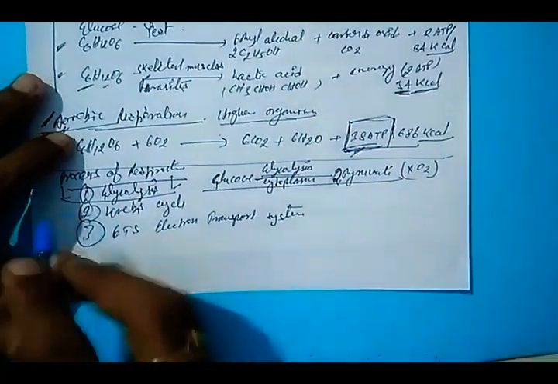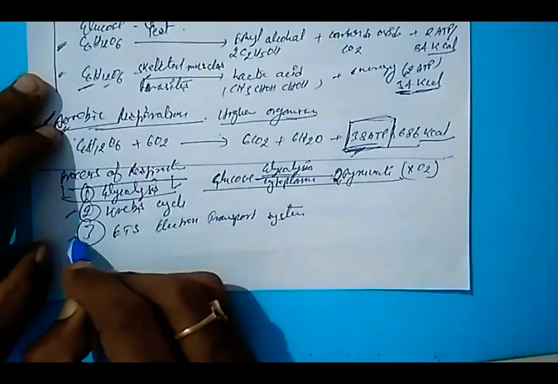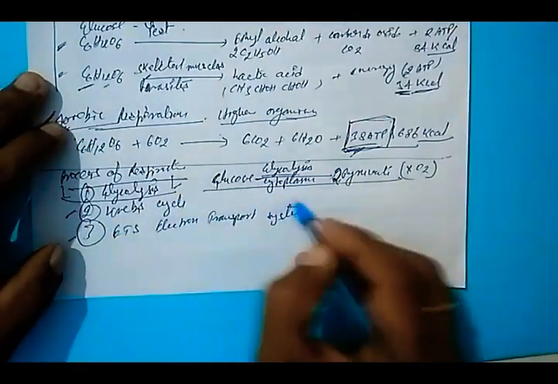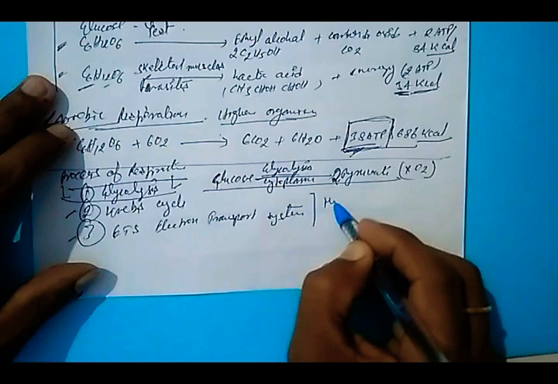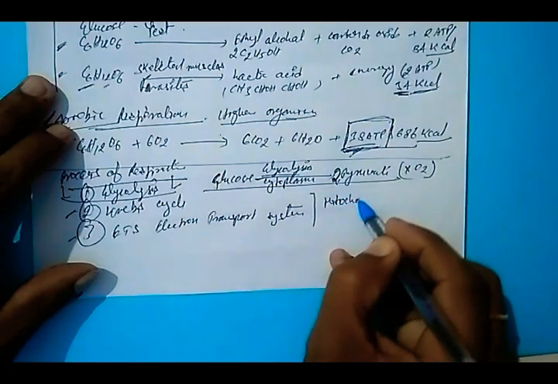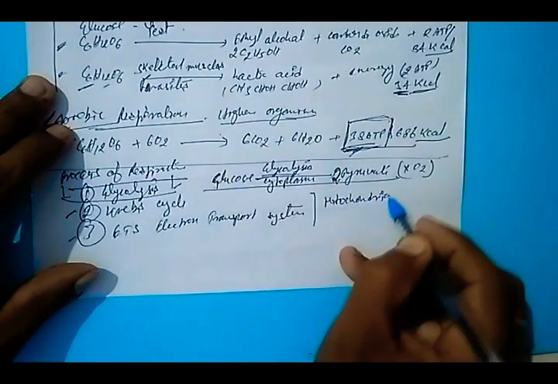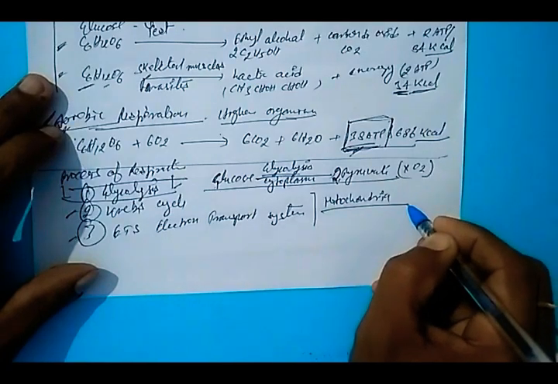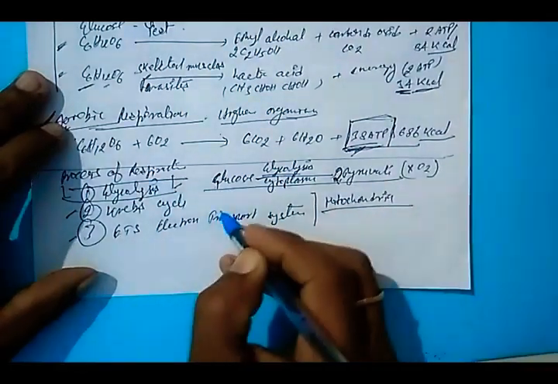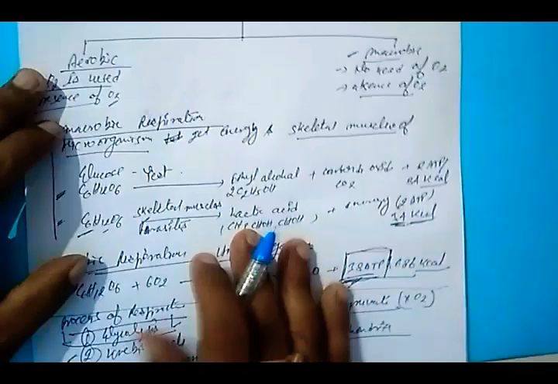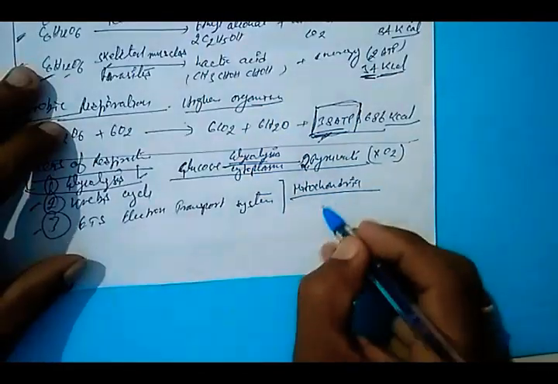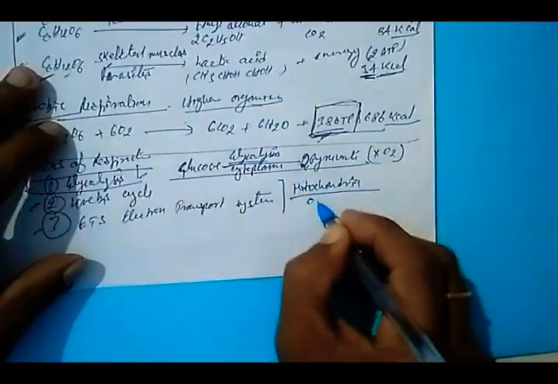Okay. The next processes, Krebs cycle and ETS, take place in mitochondria, and this reaction needs oxygen.